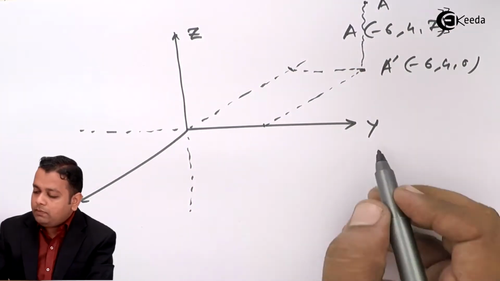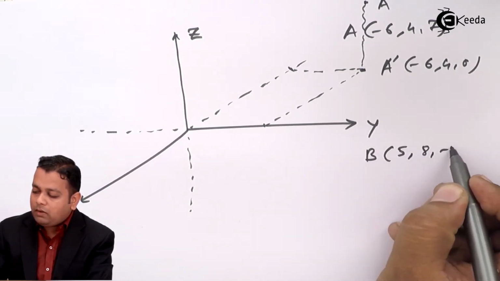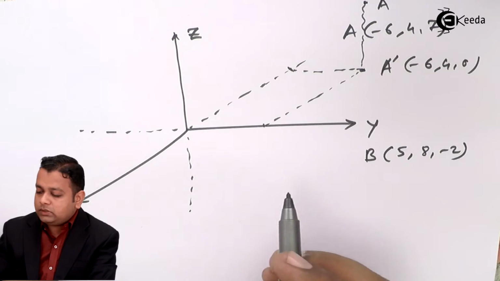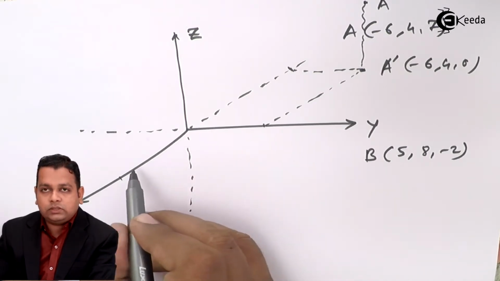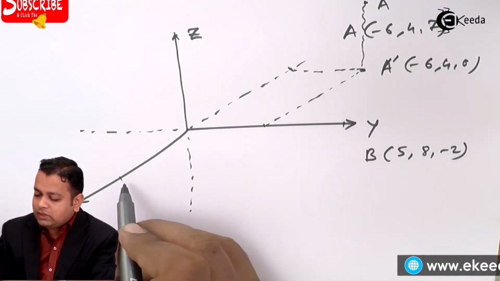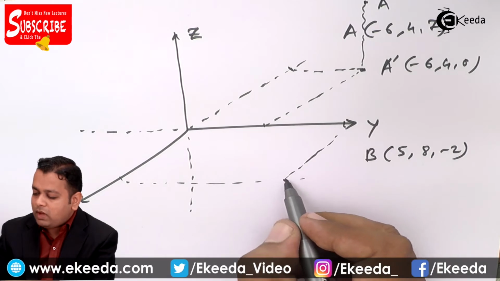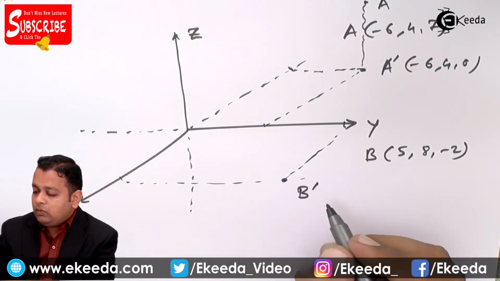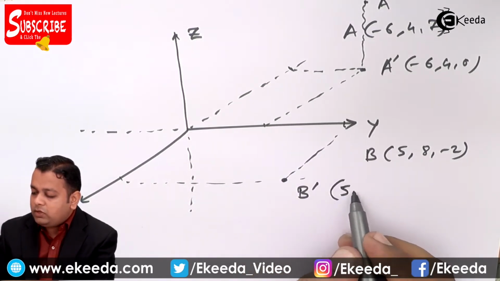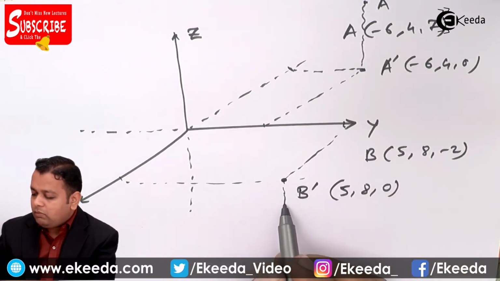Now point B has the coordinates 5, 8, minus 2. For that purpose, we mark 5 units on the x-axis and 8 units on the y-axis. The parallel lines to x and y intersect here to give us B dash, that is 5, 8, 0, and we lower this point by 2 units.